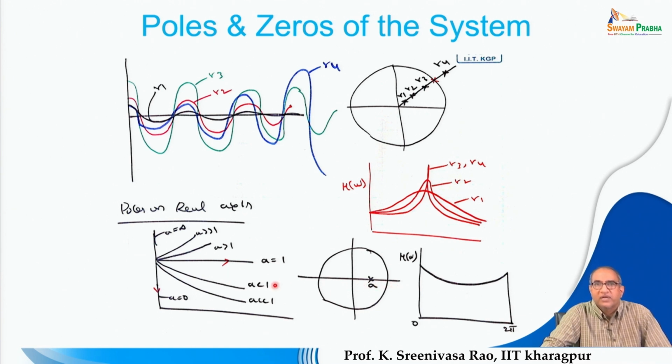and if the root is close to the origin, that is a equals 0, then you can see that the bandwidth will be 0, and as the root moves slightly away from the origin, you can see that it is damping, right.